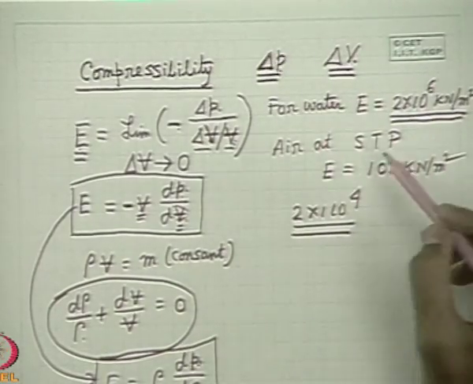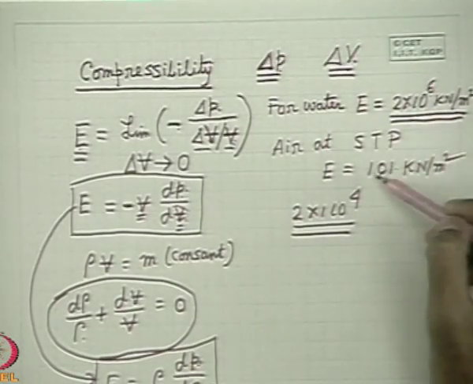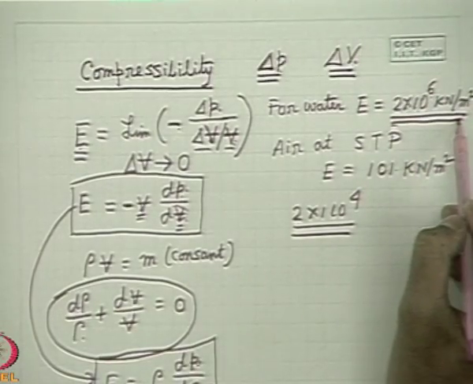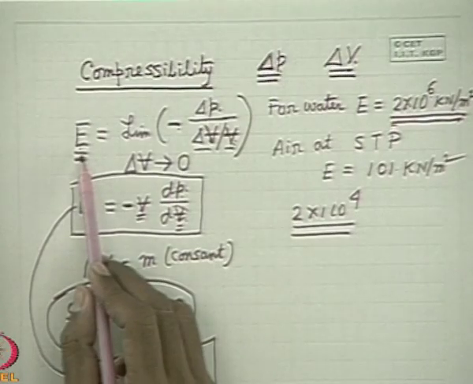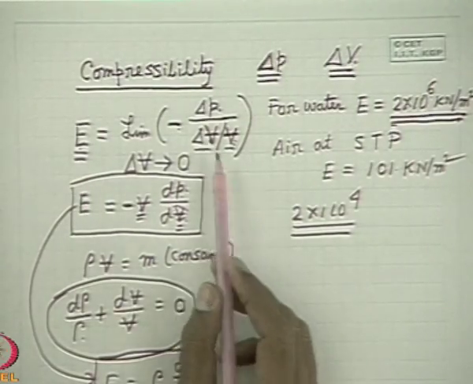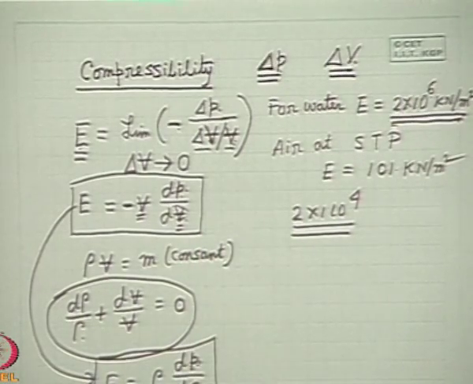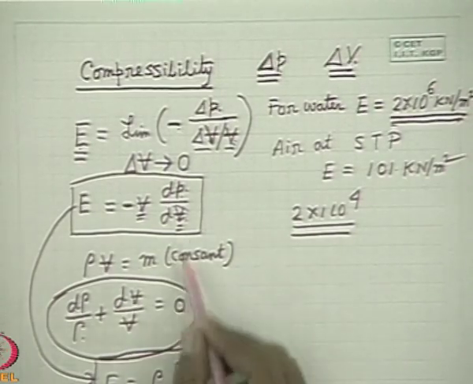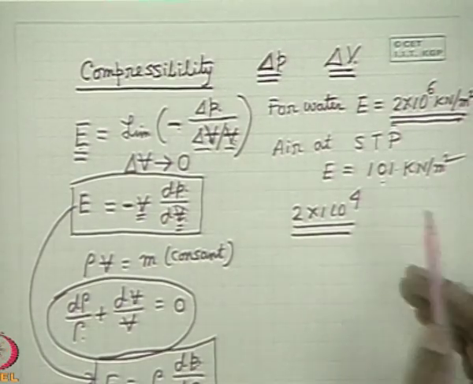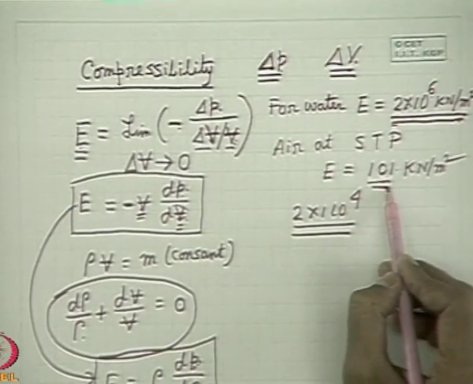So, such a high value of E for water does not allow water to shrink in volume or to change in density by an application of pressure. A huge pressure difference is required to cause a very small change in volume or density. Whereas in case of air, it is just the reverse, because the value of E is very less for air.